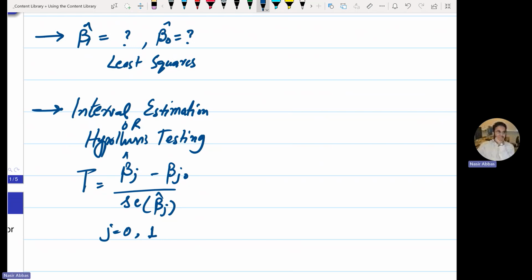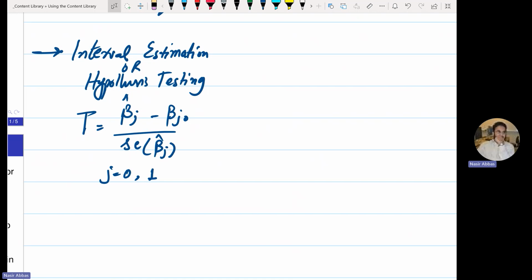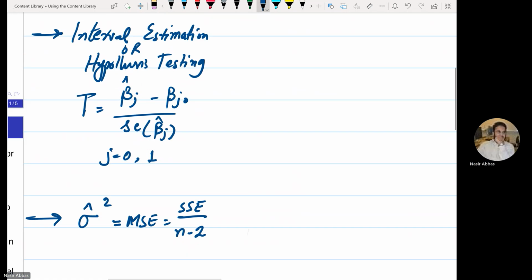But when you did that, you faced a problem that in this standard error expression, there was sigma square, correct? How did you estimate that sigma square? It was mean square error, correct? Which was sum of squares of errors divided by n minus 2.